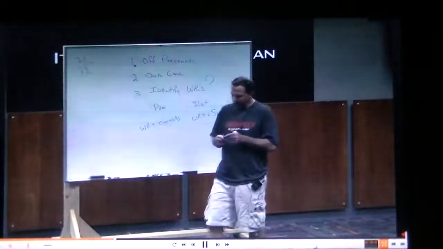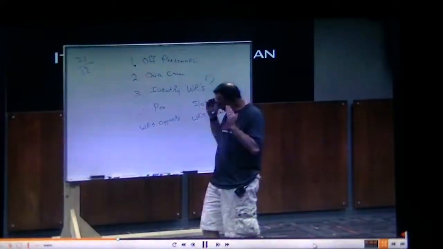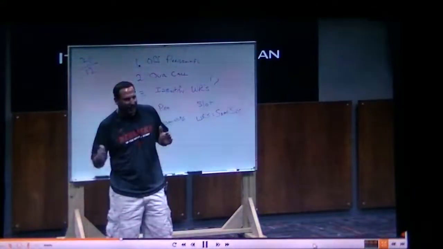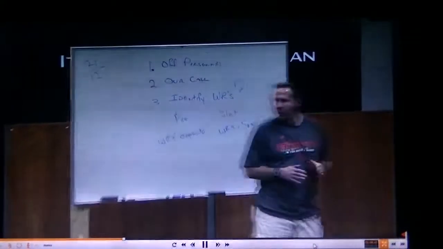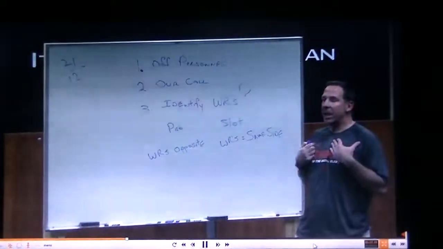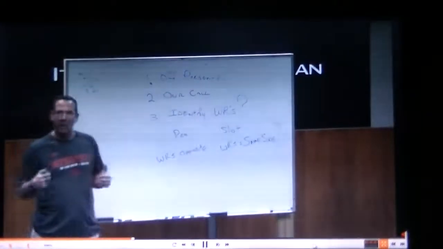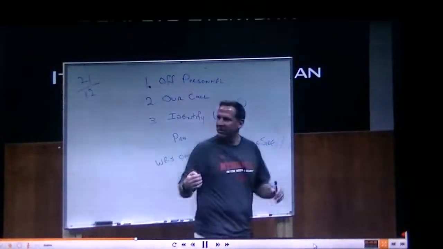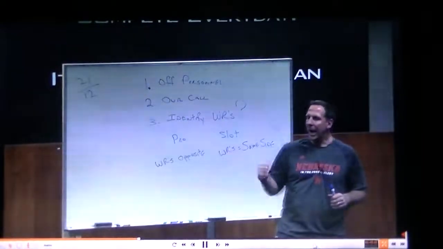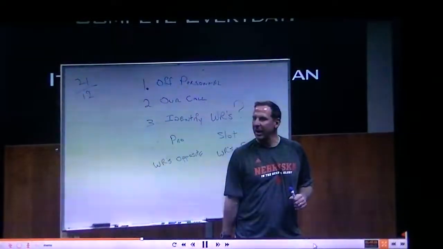So, fellas, as elementary as this may seem to you, in my mind, I have a way I figure it out in knowing this system. If I look up and I see a slot, I know that a flex call and a strong call are the same thing.